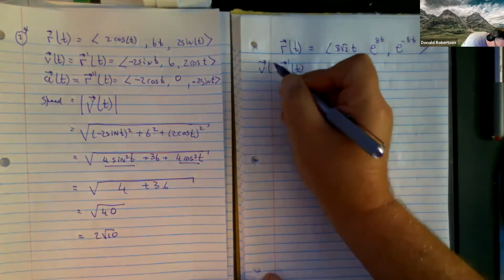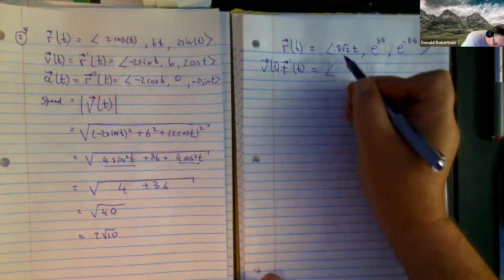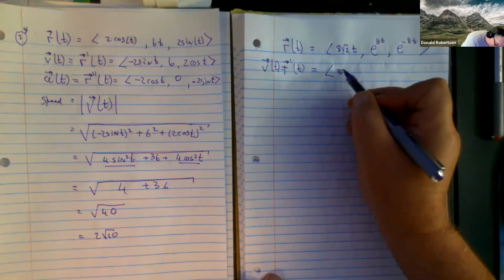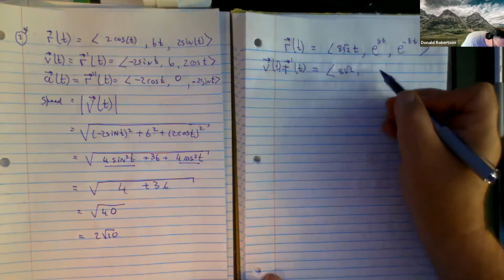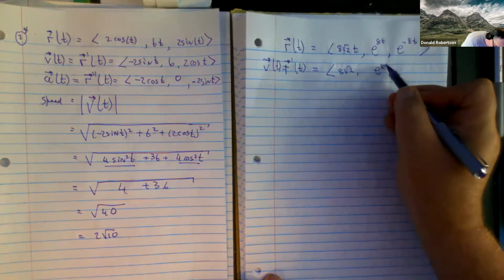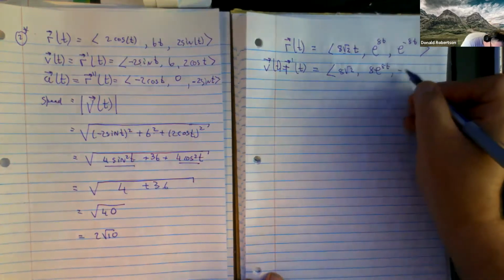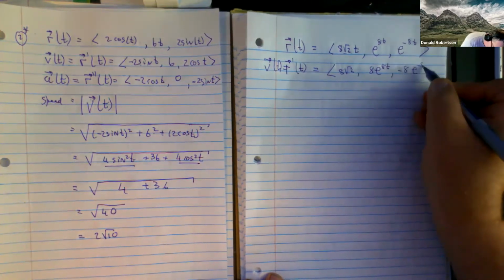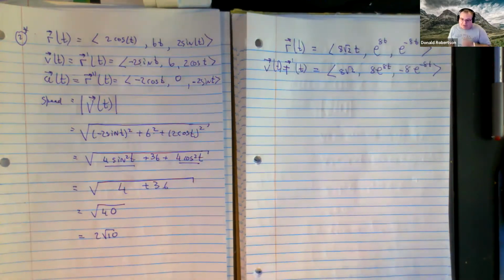So if we want to get the velocity vector, you find the first derivative. An ugly number times t just gets you the ugly number. If you differentiate e to the 8t, you get e to the 8t times 8, and the other one times -8. And there's your velocity vector.